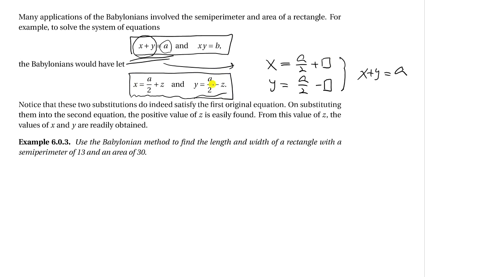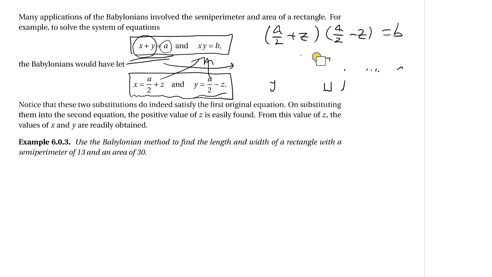Then the only question is, these two numbers must satisfy this second condition, right? So let's just multiply them, okay? Then it's easy to find out z, right? When you look at the left-hand side of it, this form looks like (a plus b) times (a minus b).